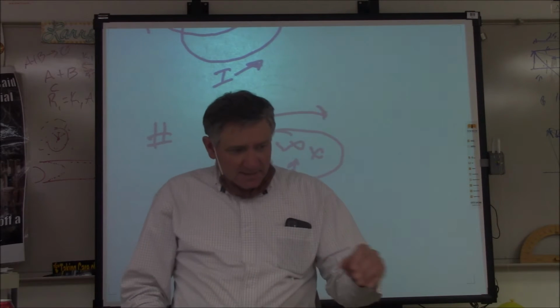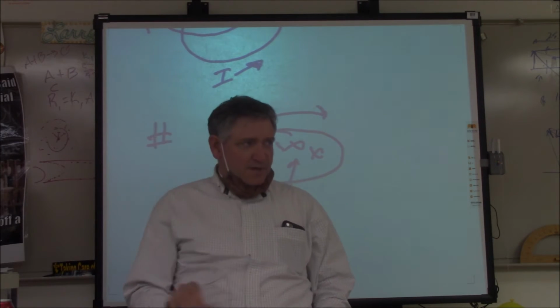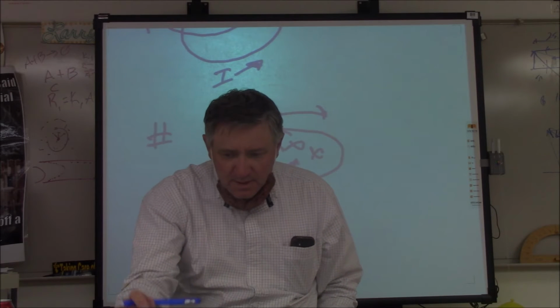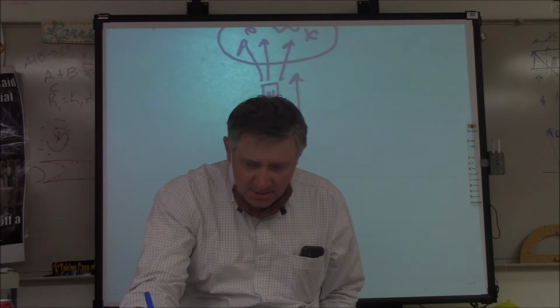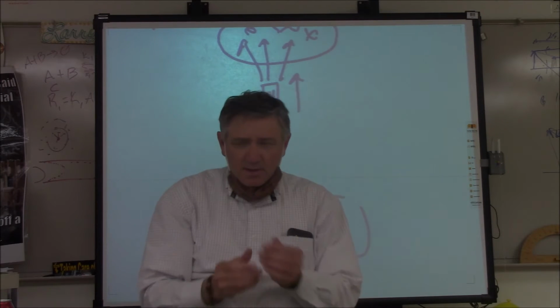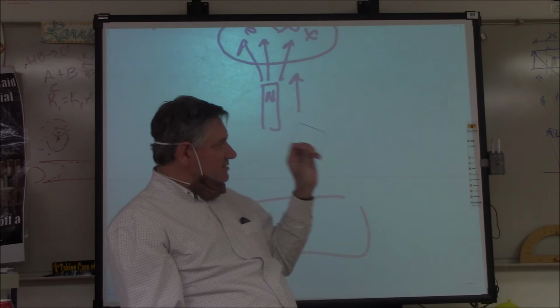The basic idea is this: if you have a loop, what we're going to do is view those plates as basically an infinite number of loops like this. So imagine that here's this loop.